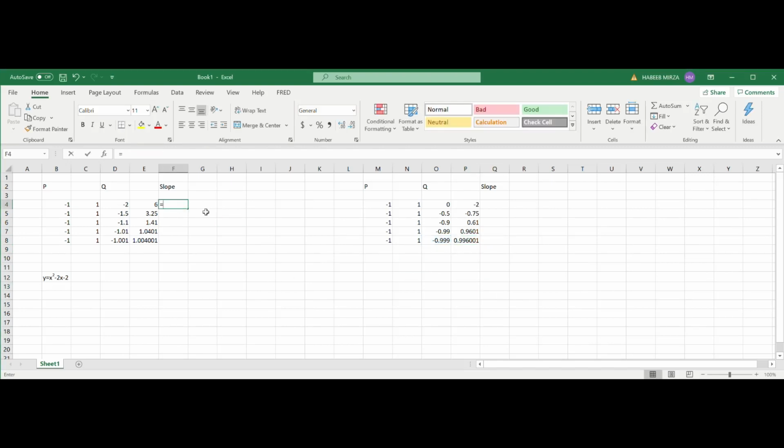So in order to find the slope, you do y2 minus y1. You do 6 minus 1 divided by negative 2 minus 1, that's negative 5, yep.